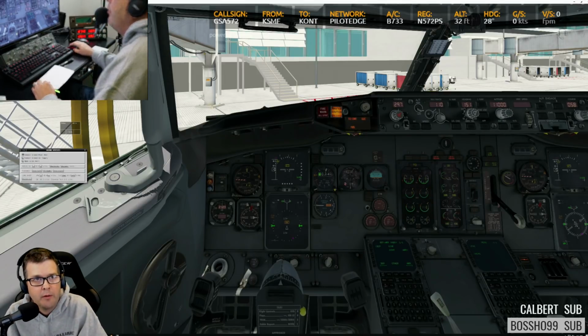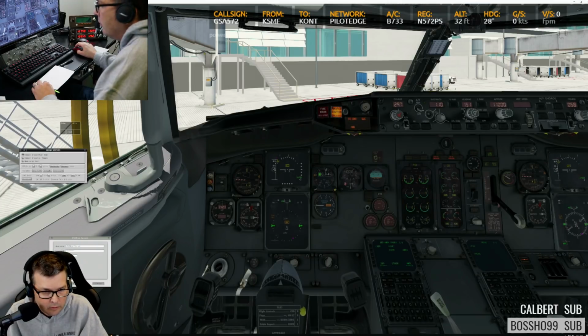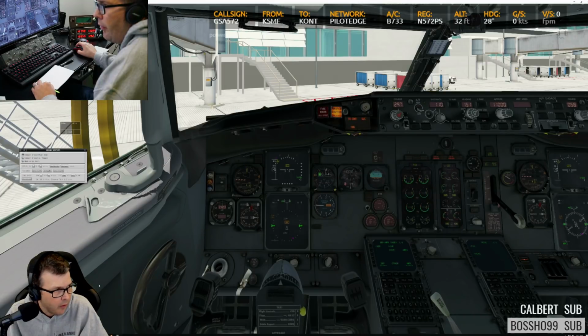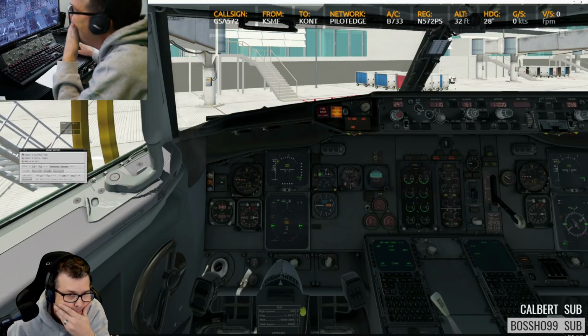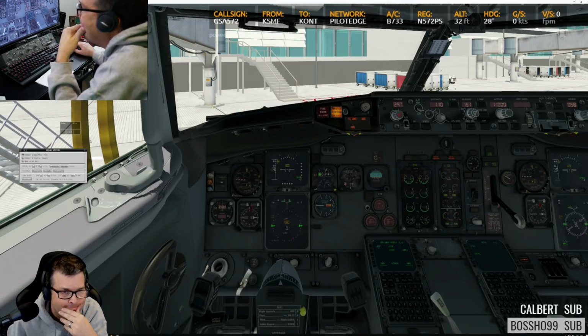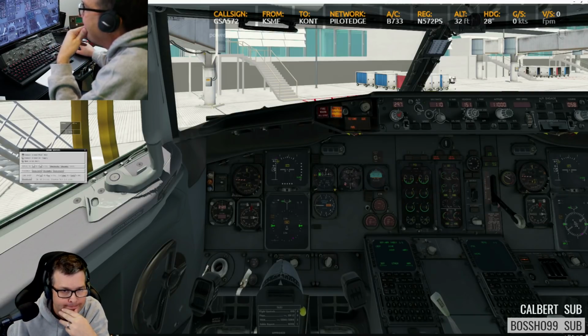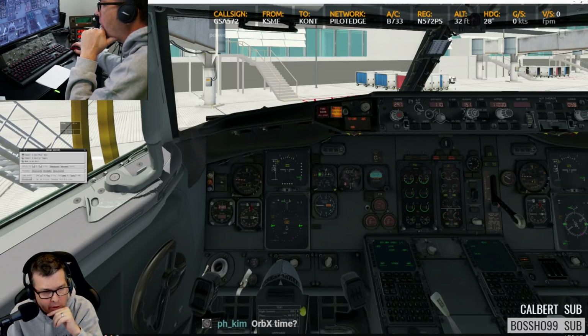And I'm going to file my flight plan the same. Connected to Pilotedge. Yeah, Orbx is taking forever to download.